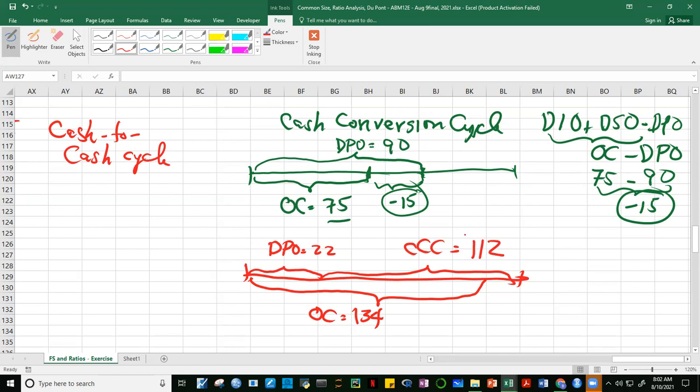112 days positive. So ano ibig sabihin ng positive na cash conversion cycle? Okay, so dito babayaran na natin yung payable natin, no? Kaso saan pa natin makokolekta yan? Okay.